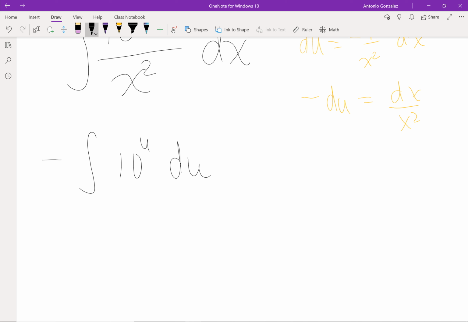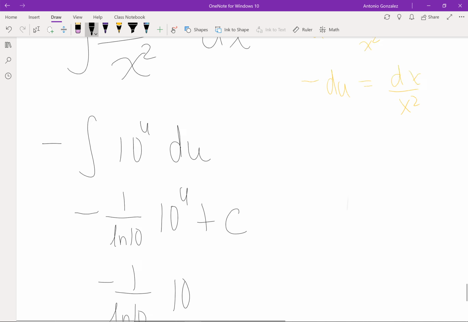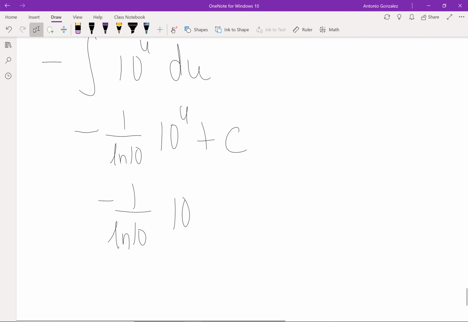So applying that formula here, we get negative 1 over ln of 10 times 10 to the u plus c. Oops. Let's change everything back to the x variable. 10 to the 1 over x, yes.